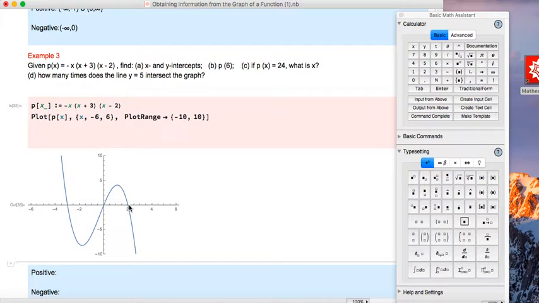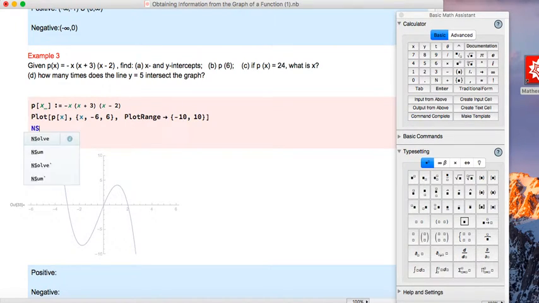In some cases, you cannot precisely say where the x-intercepts are. Let's say if the point is here, it's hard to estimate the precise number. In that case, we have to use the solve command. So let's just use the solve command to find p(x).